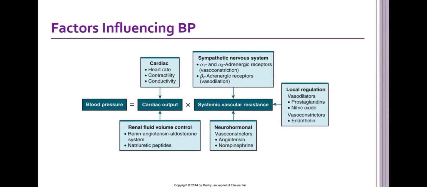Short-term mechanisms, including the sympathetic nervous system and vascular endothelium, are active within a few seconds. Long-term mechanisms include renal and hormonal processes that regulate arterial resistance and blood volume. In a healthy person, these regulatory mechanisms function in response to the demands of the body. Each mechanism is more fully described in the following slides.